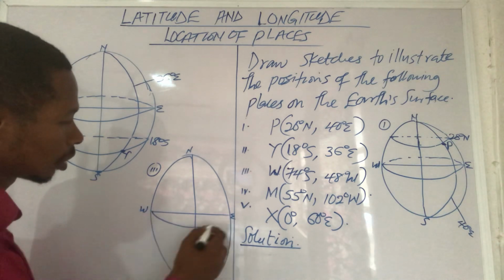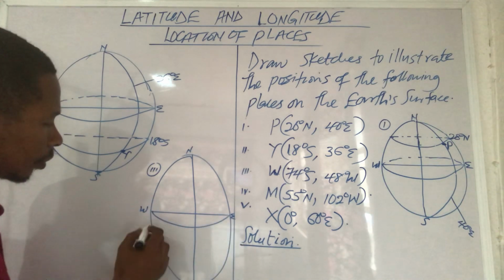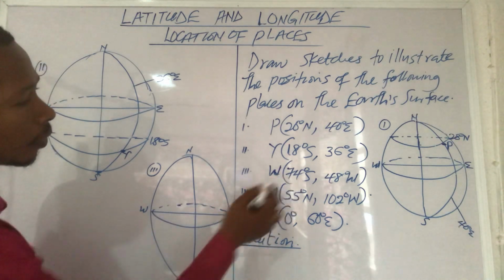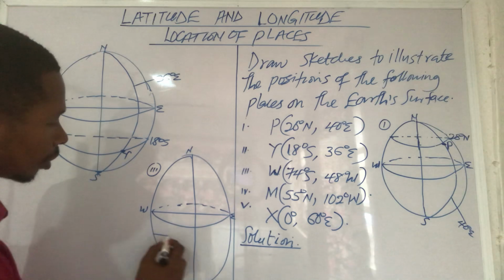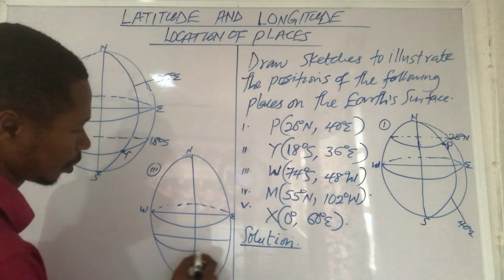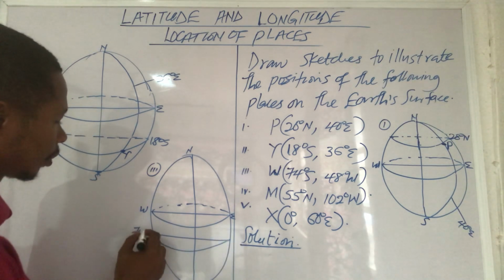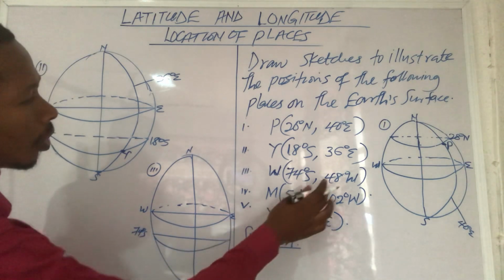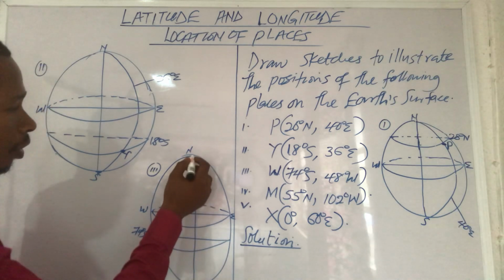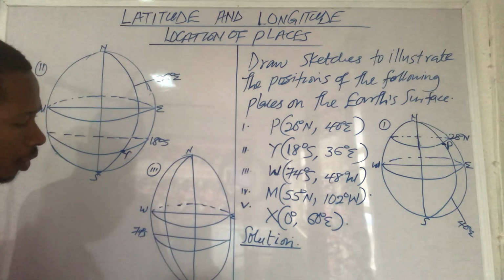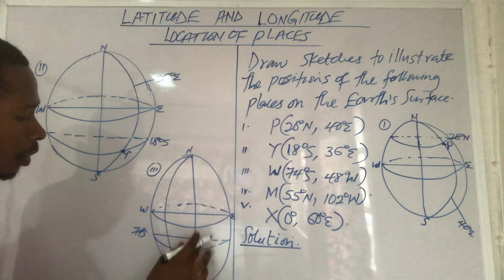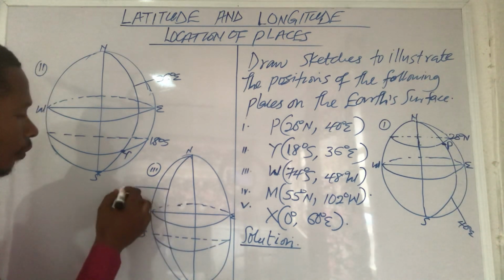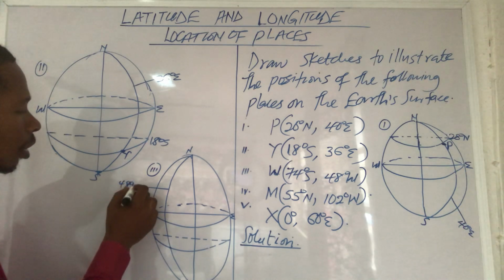Then this is the equator. Then you have 74 degrees south. This is the south. This is the 74 degrees south. And 48 degrees west. So this is the west side. This is my 48 degrees west.